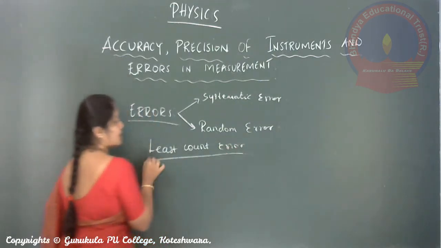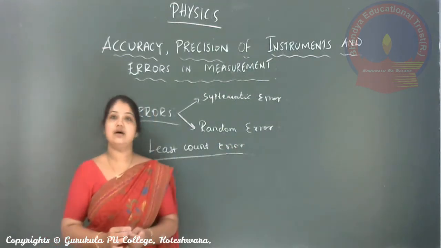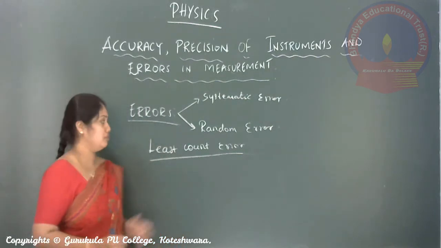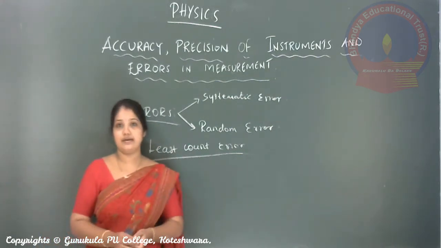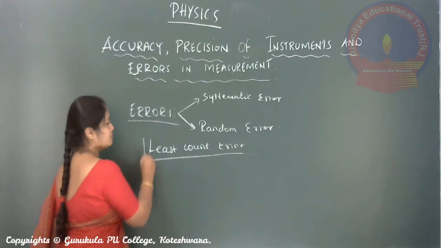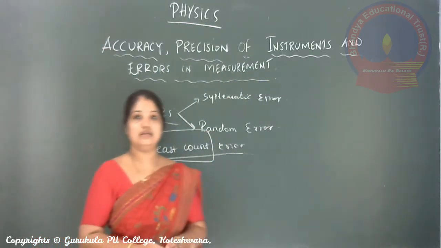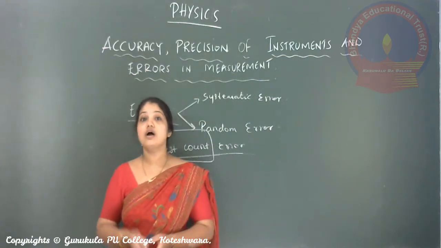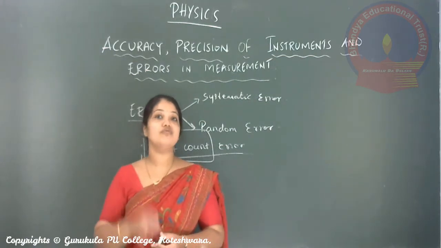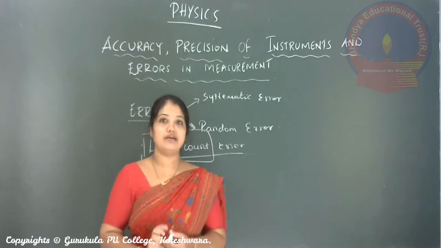Okay, in this random error we have is a least count error. Now what do you mean by a least count error? First of all, what do you mean by a least count? Least count means any measuring instrument will have a smallest value.